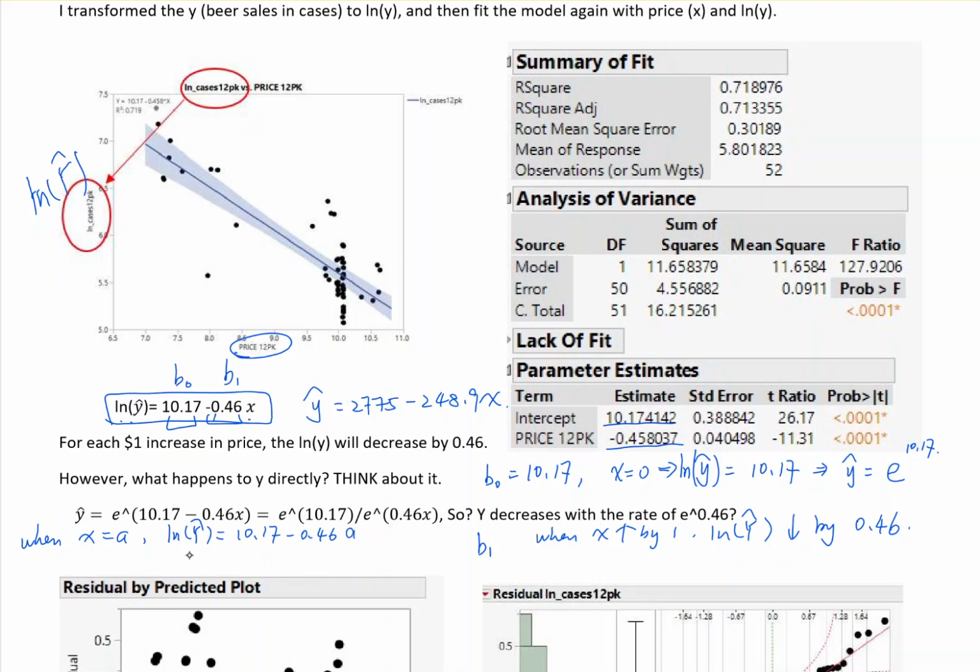But we want to know about y, so y hat equals e to the 10.17 minus 0.46a, and then we can write it as e to the 10.17 divided by e to the 0.46a. Alright, so this is the result for when x equals a.